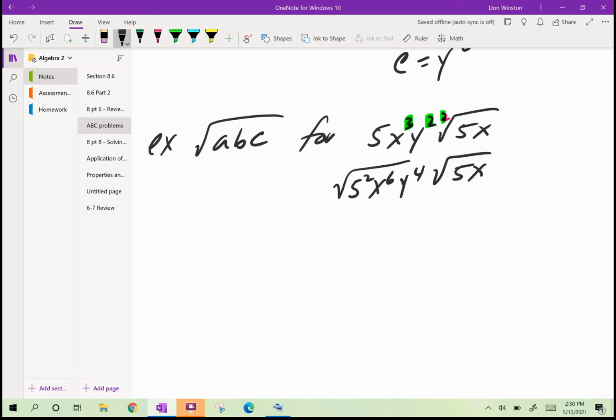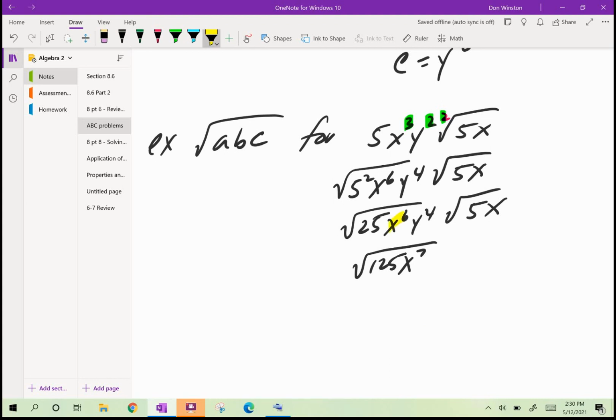Now 5 squared is going to be 25, so x to the 6th, y to the 4th, times the square root of 5x. So then I would have 25 times 5, so that would be the square root of 125, and then x to the 7th, because I have an x to the 6th and an x, and then y to the 4th.